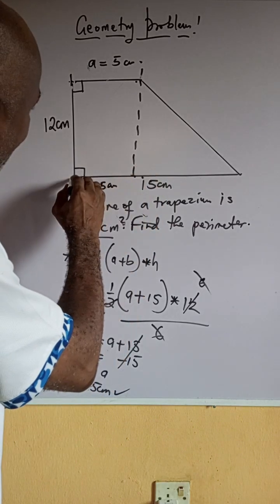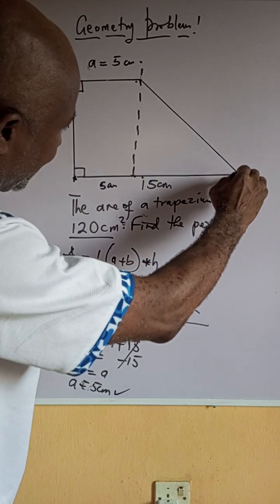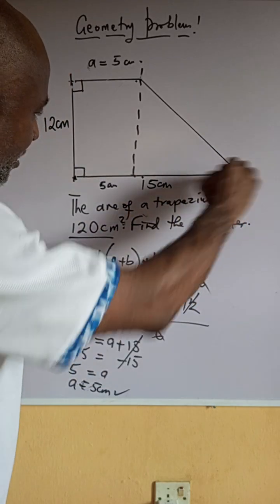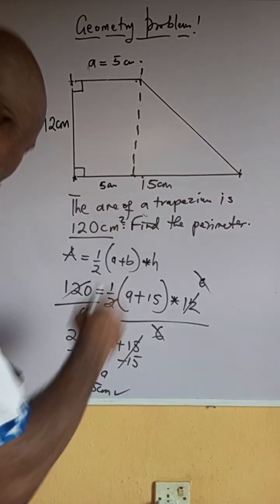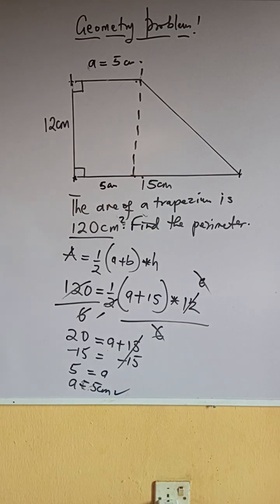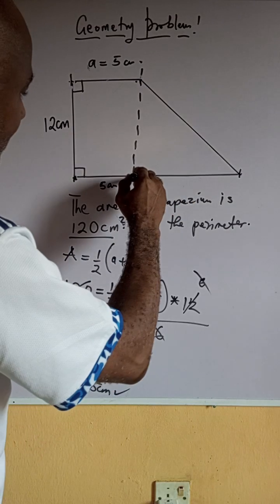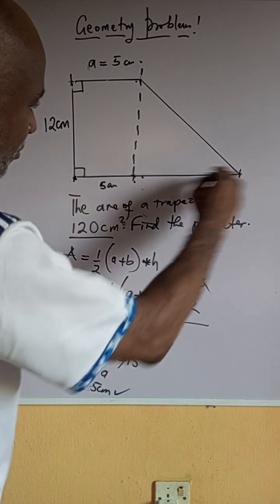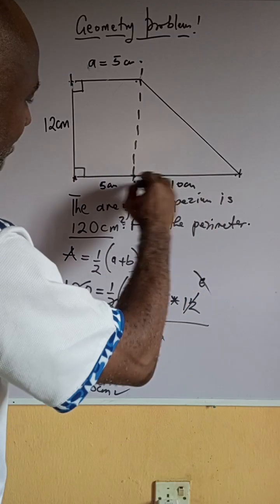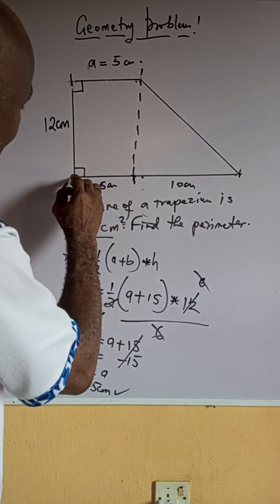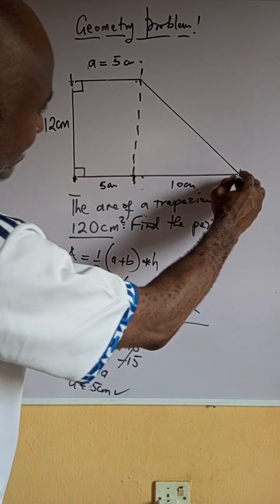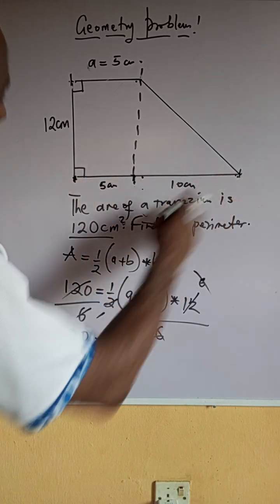We know that the total length from this point to this point is 15 cm. It also means that from here now to here is 10 centimeter, so that when you add 5 cm to 10 cm, we have our total length.